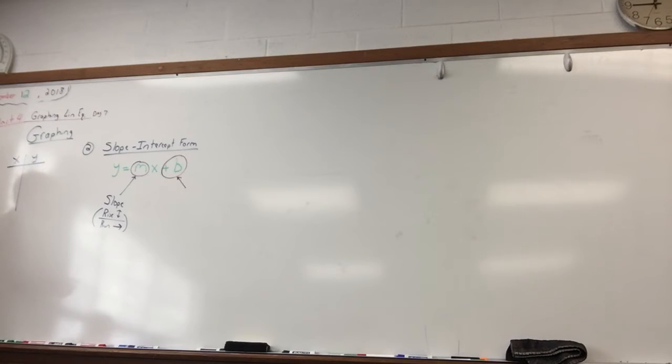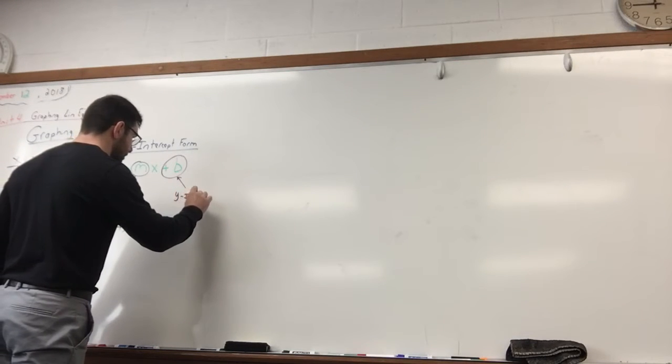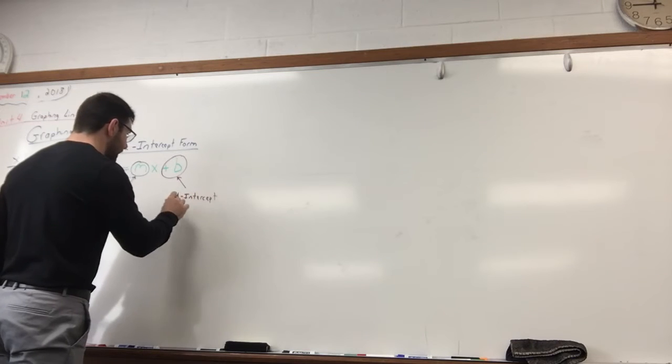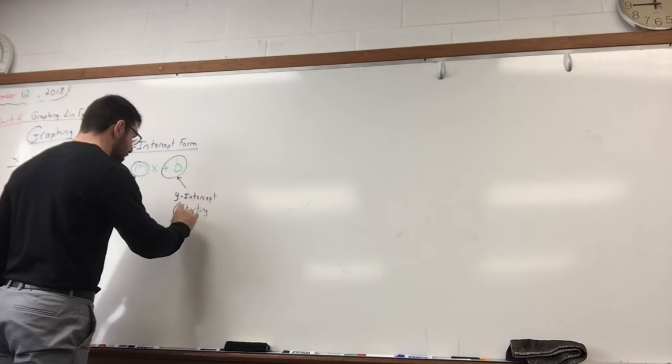You all have this in your notes from yesterday, so if you need to flip back, go for it. What does the b stand for? Carly. Y-intercept. And in parentheses, I'm going to put starting point.